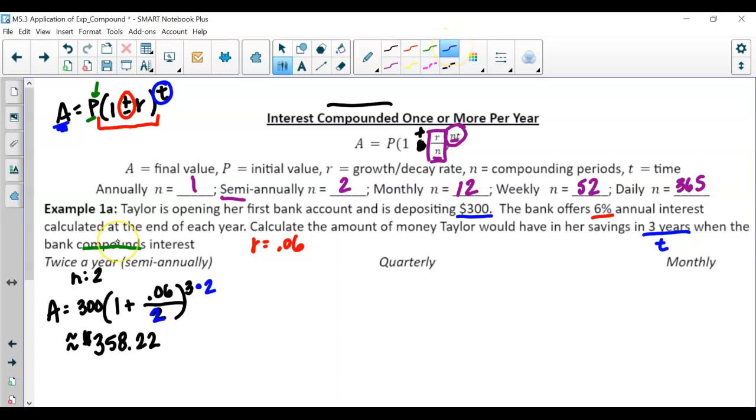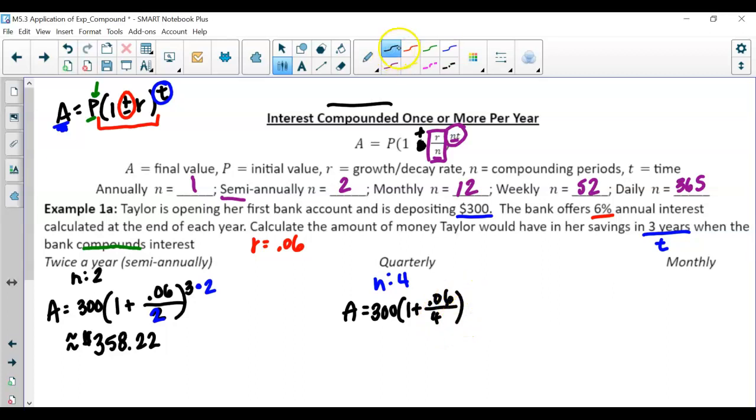So again, just so you guys can see, let's do quarterly. If it's compounding interest quarterly, that means our n is 4. How many quarters are in a dollar? 4, right? So n is 4. A is equal to P times, so 300 times 1 plus. Now remember, because of compounding, we have our fraction. We still have our rate here, but now divide by n, which is 4.